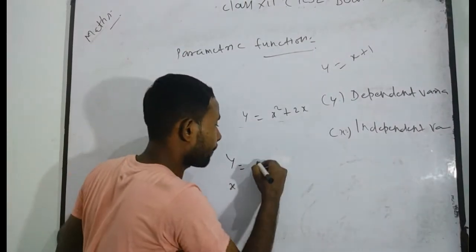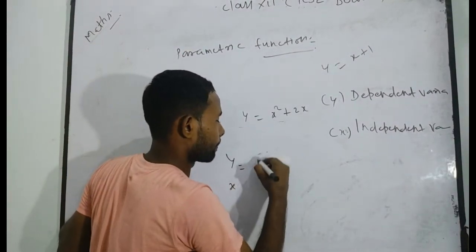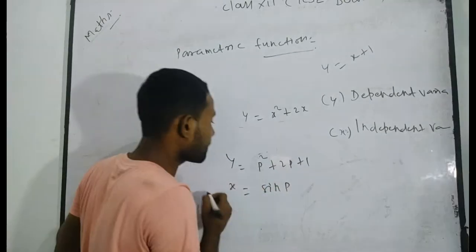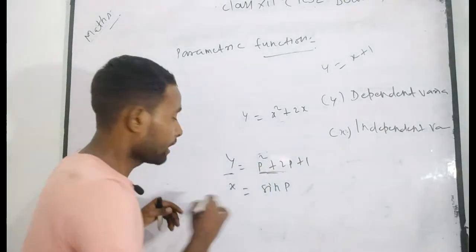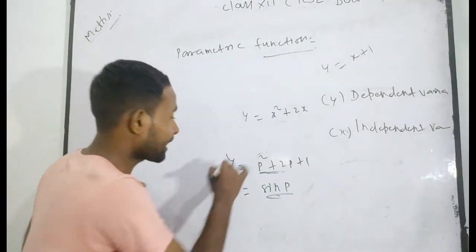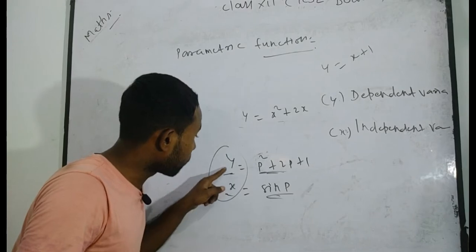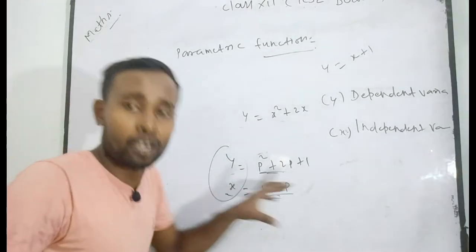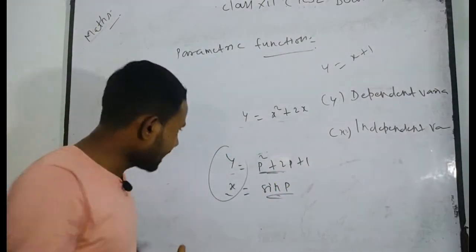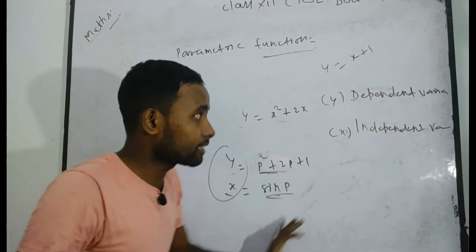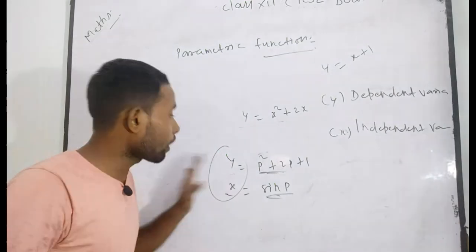Suppose I have taken here p square plus 2p plus 1, and here I have taken sin p. That means y depends on p and x depends on p. In that case x and y are functions of p, or you can say x and y are dependent variables while p is the independent variable. This is called a parametric function.